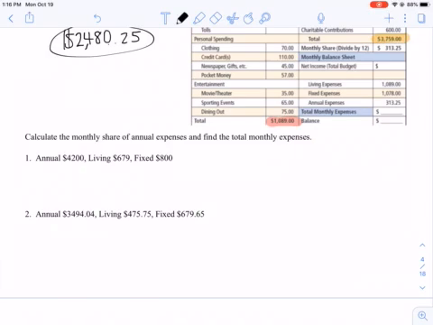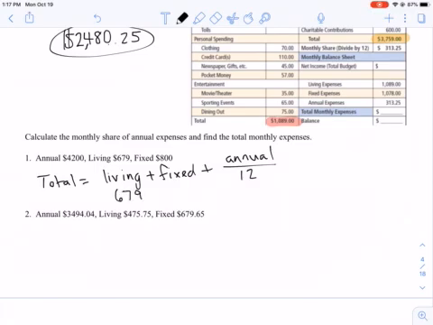So remember, your total is living plus fixed plus your annual divided by 12. So here we go. Living, $679. Fixed, $800. Annual, $4,200. But it's divided by 12.